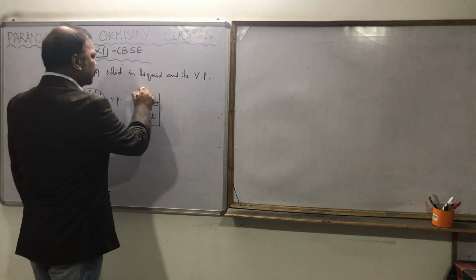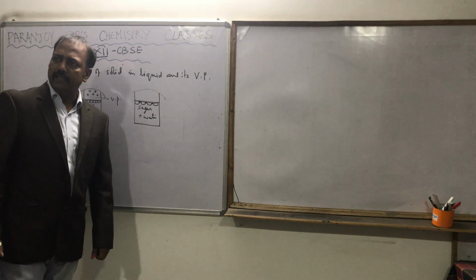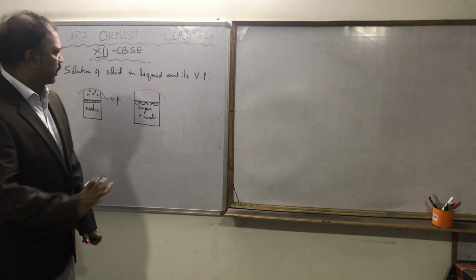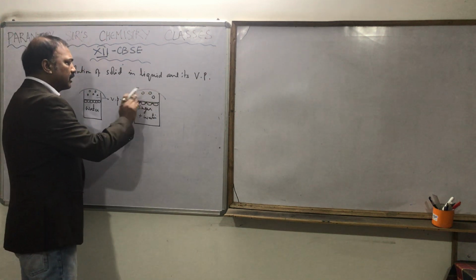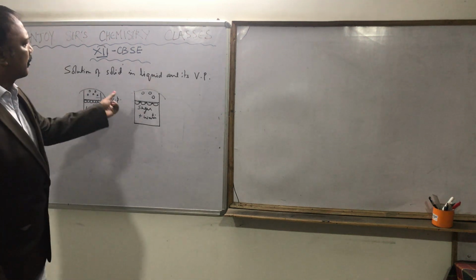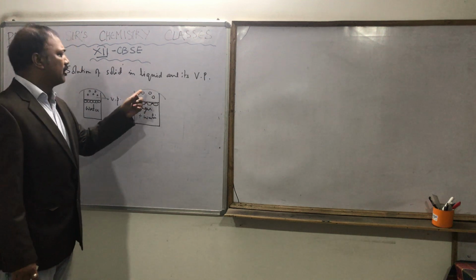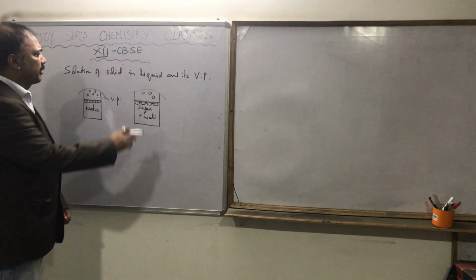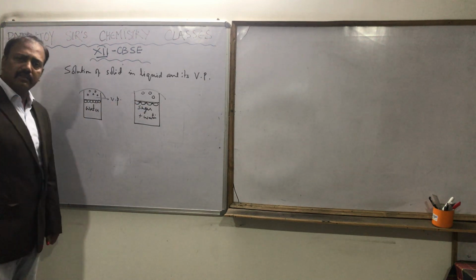But these sugar molecules are certainly not going to be evaporated because they are non-volatile. So the number of water molecules that evaporate now is certainly less. So if the number of evaporated water molecules is less, the vapor pressure exerted by this solution will be less than that of the pure solvent.